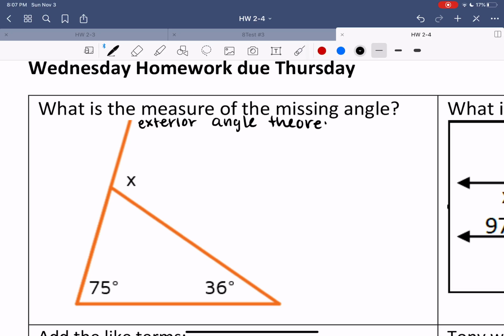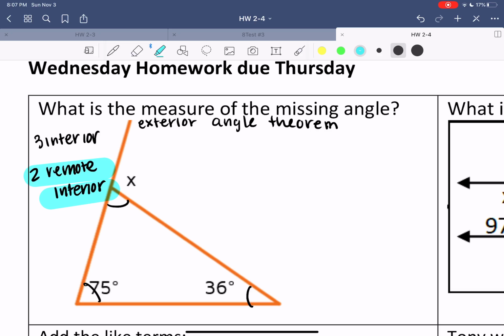So I want to point out here that this angle and this angle, you have 3 interior and 2 remote interior. So the 2 remote interior, I'm going to go ahead and highlight right here.